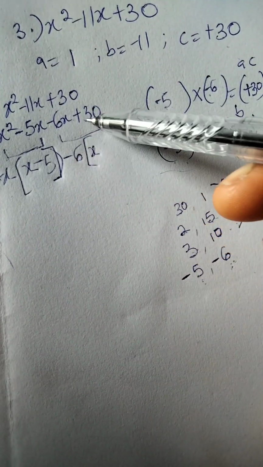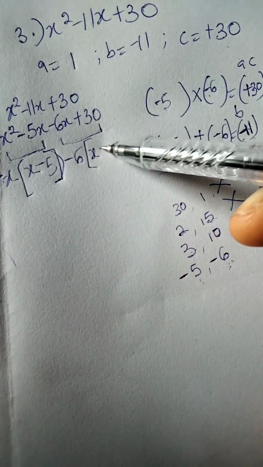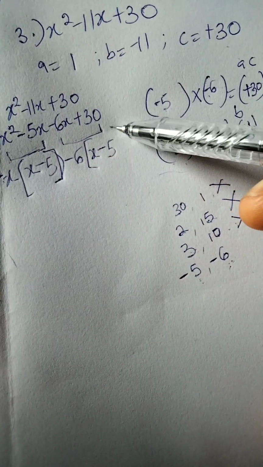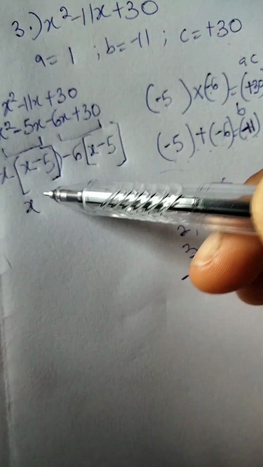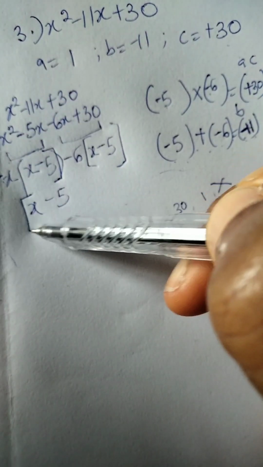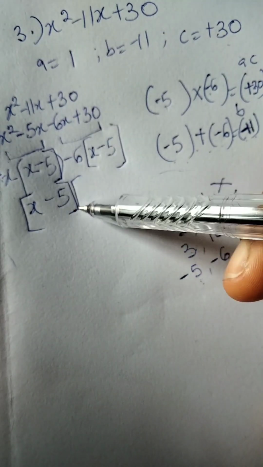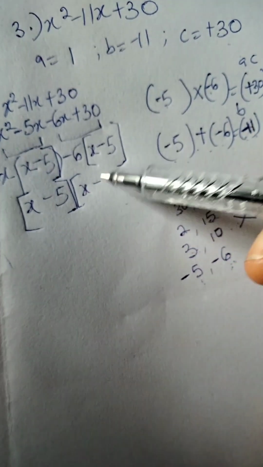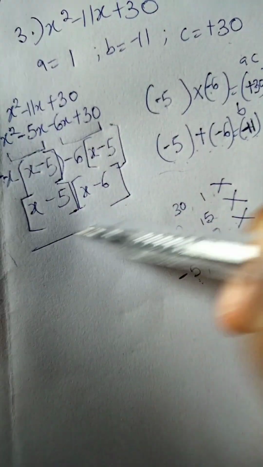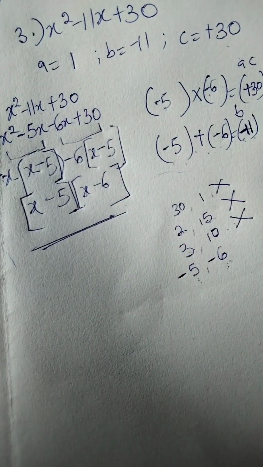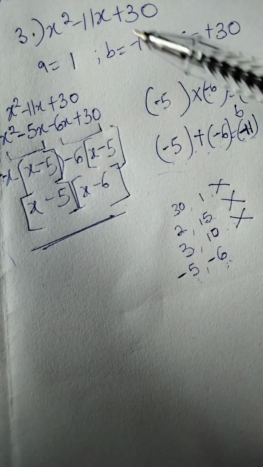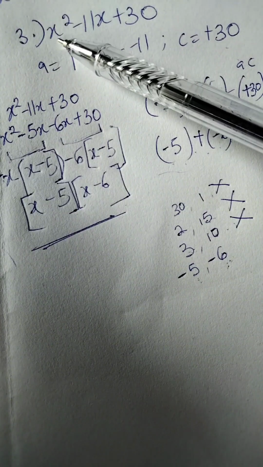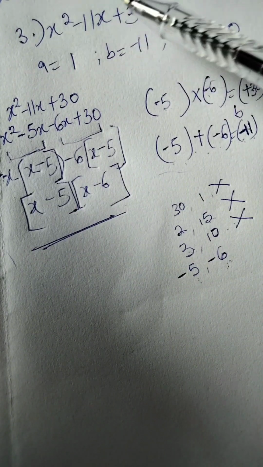And if you take minus 6 from plus 30, we'll be left with minus 5. And then we can see that x minus 5 is common. We take that out. Then we are left with x minus 6. Yes. So we've been able to factorize x squared minus 11x plus 30.